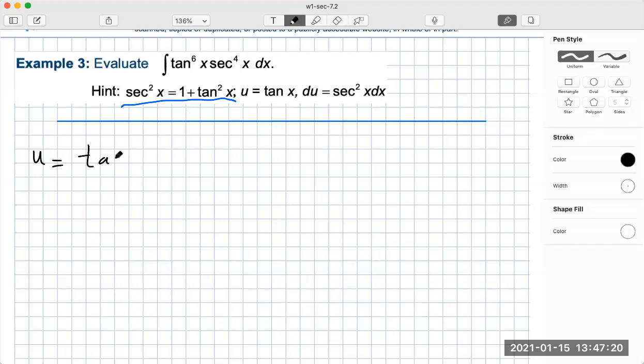And let us define u is equal to tan x. Okay, and see what happens. We expect similar things to sine and cosine. So if we write u is tan x, what is du over dx?